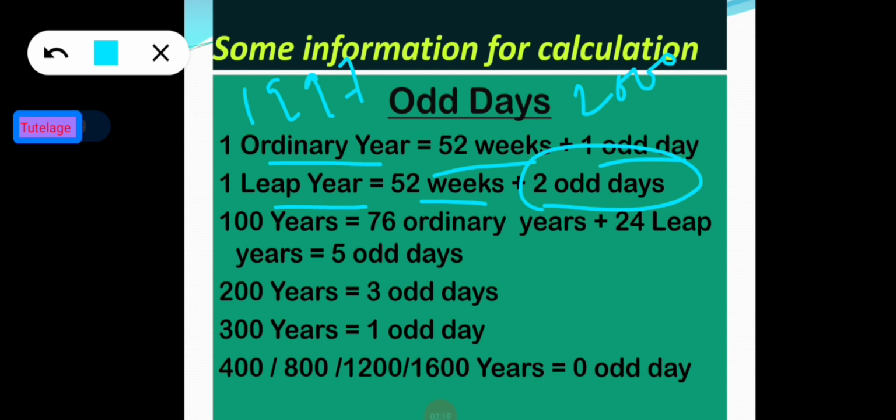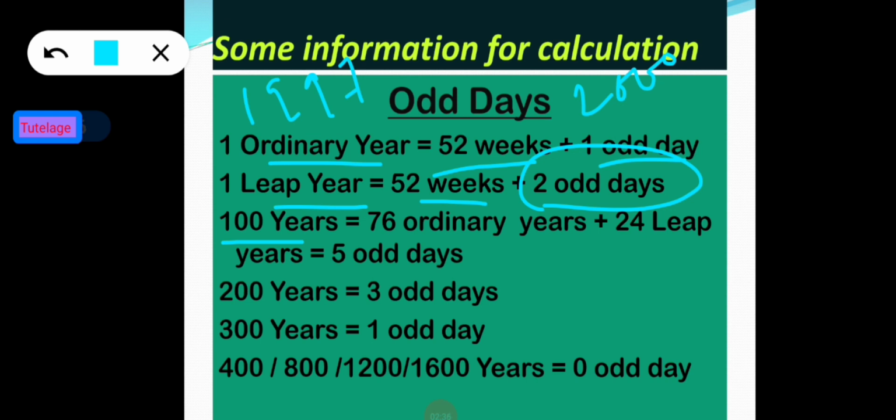All this information is needed to solve calendar series problems, so just keep it in mind, learner. One ordinary year equals 52 weeks plus one odd day.